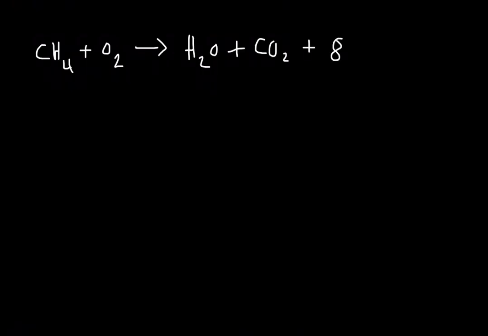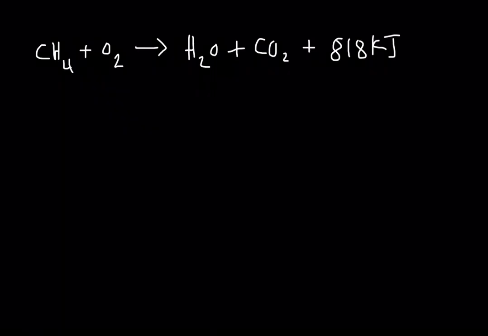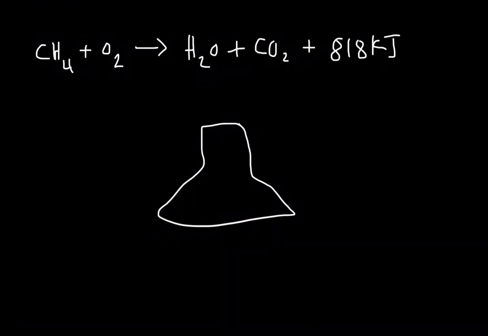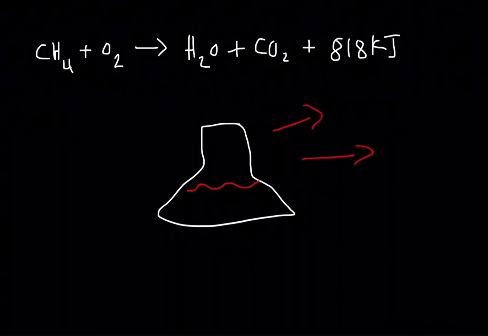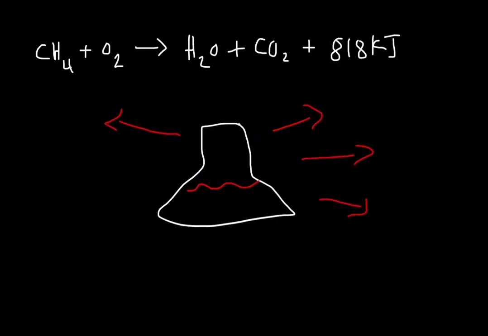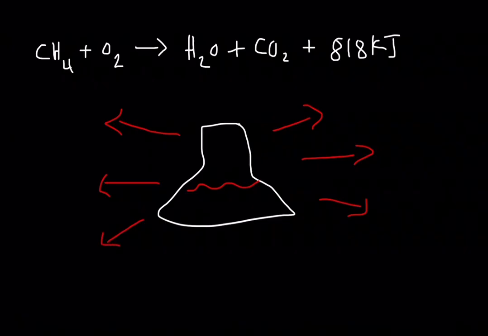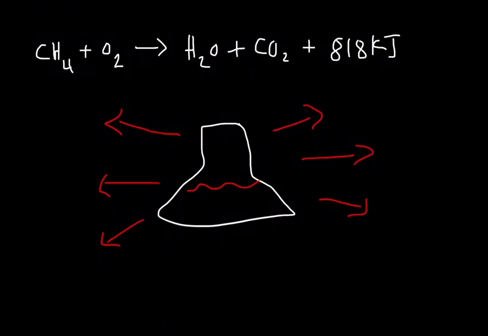So plus 818 kilojoule. This shows that the energy is being released. During an exothermic reaction, the system loses heat, so it gives off heat to its surroundings. This means that the surroundings are becoming hotter while this thing right here is losing heat.